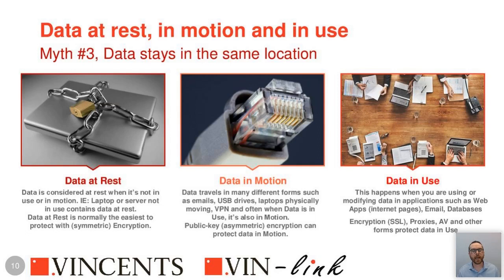Just encrypt the data and be done with it, right? So yes, data at rest, as in the picture on the left side here, if it didn't move, didn't go in motion, didn't go in use, it'd be very easy to protect.